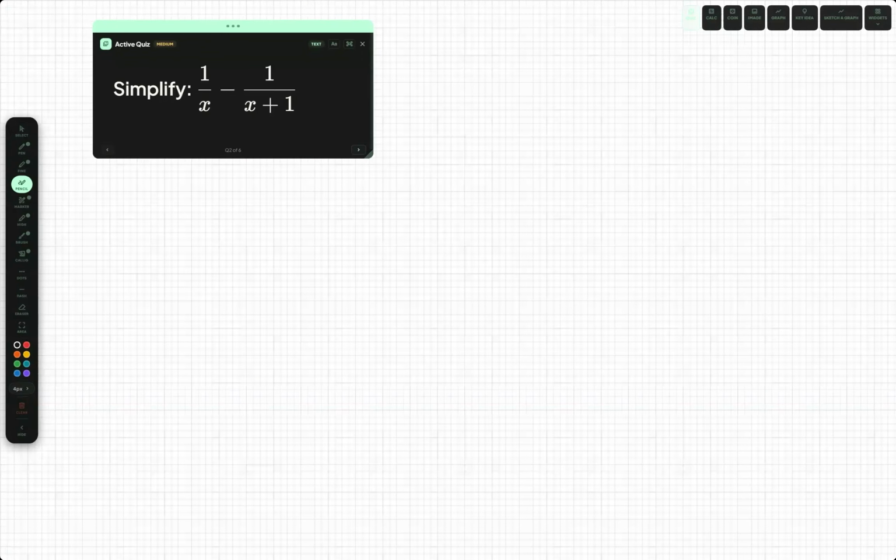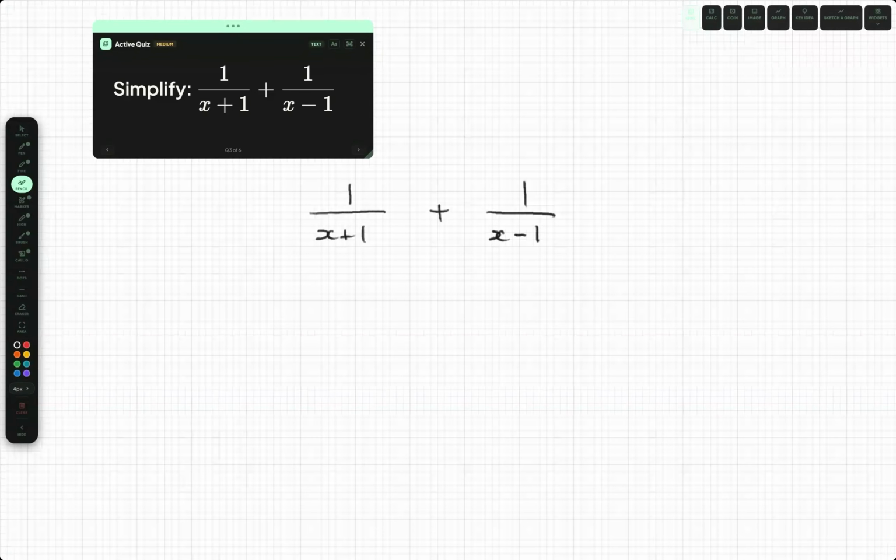Okay, next one. 1 over x plus 1 plus 1 over x minus 1. So to find the common value, or the lowest common multiple, all we're going to do is multiply the two denominators.